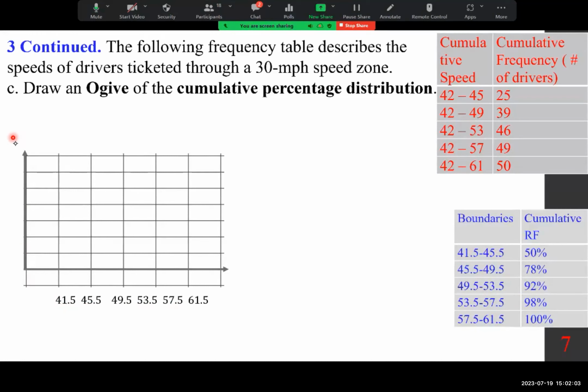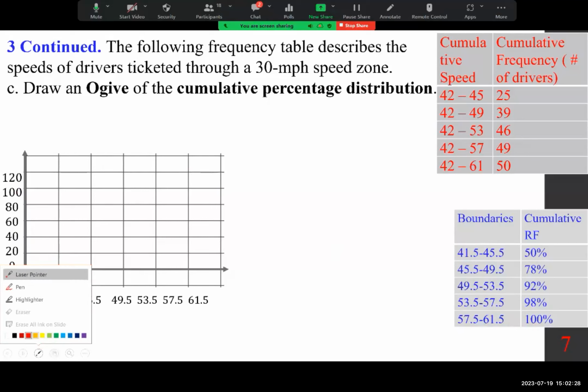And we're going to put numbers here. And because we want percentage, we're going to go from 0 to 100. I mean, I have even 120, but we want to go from 0 to 100. What is very important to know is that the lower boundary of the first class corresponds to 0. The upper boundary of the last class corresponds to 100% or 1.